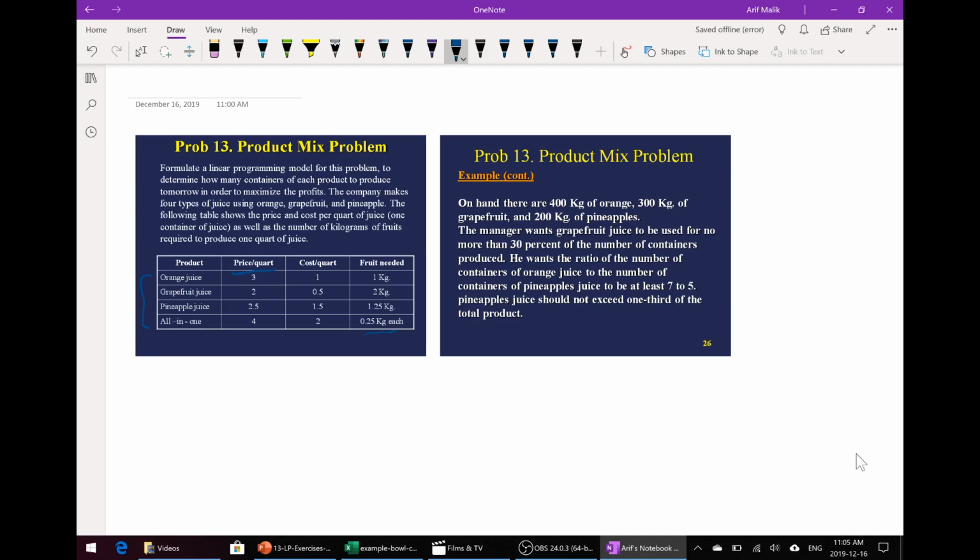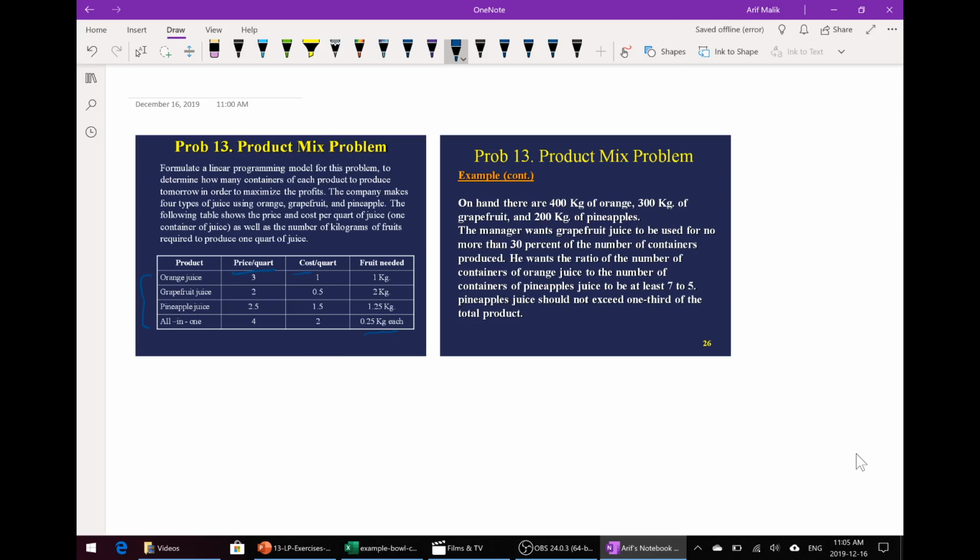Now the price is given, the cost is given, so we can find out the profits. The profit is 3 minus 1, for example, for orange per quart. By the way, the quart is a little less than 1 liter. So price per liter we can say, or price per quart given over here, no, it doesn't matter.